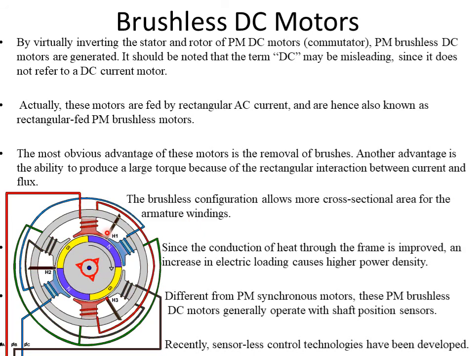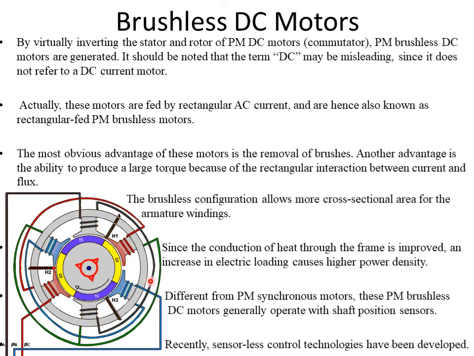You can see the poles are there, the supply is given, and there will be Hall sensors over here sensing the position and giving feedback to the control circuit so that the excitation can be made properly to get a continuous rotation of the rotor.